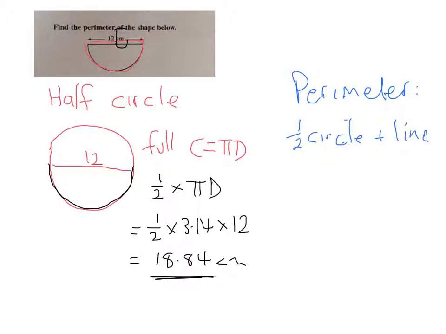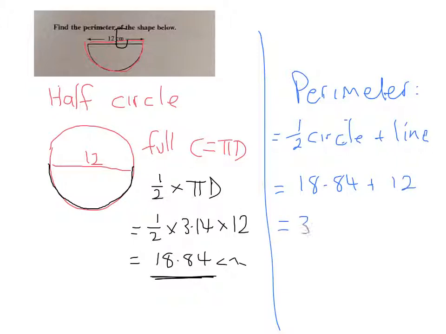So the perimeter is equal to the half circle plus the line. We've already worked out the half circle is equal to 18.84, plus the line part at the top was 12. We add those together and we'll end up with 30.84, and the units are centimetres. That's how you do that question.